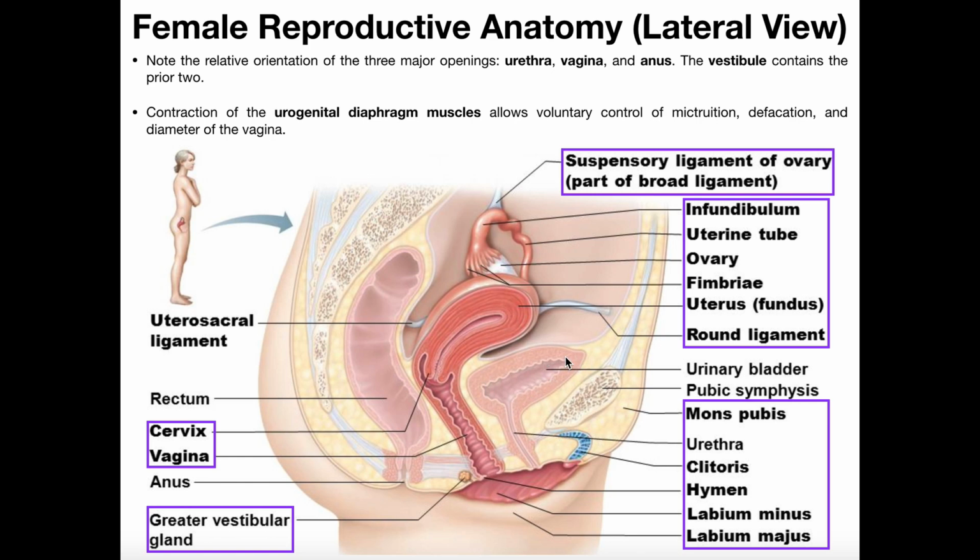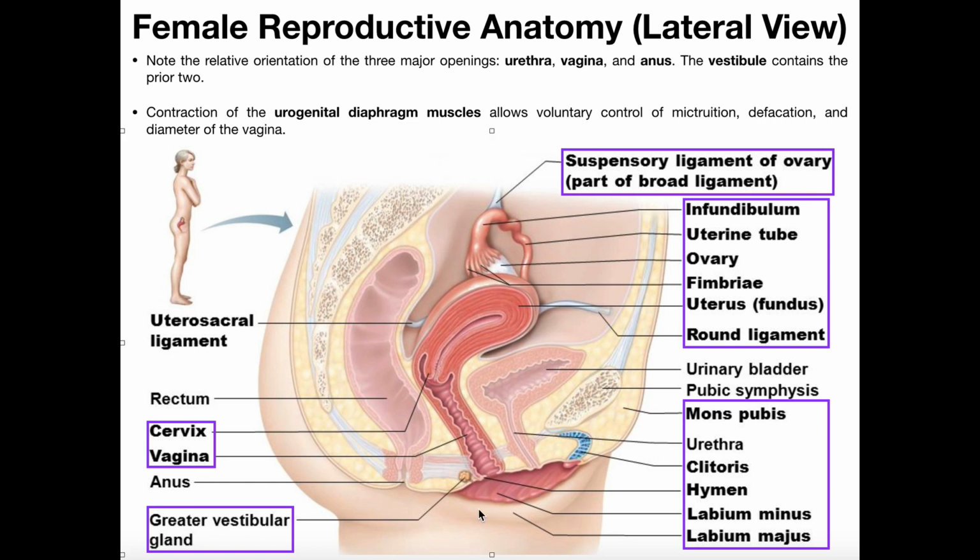And of course, the urinary bladder is going to merge into the urethra, and the urethra is going to exit at the point, the urethral orifice. Now, out of these three openings, the vaginal orifice and the urethral orifice are going to be contained in something called the vestibule. The vestibule we will see in the next slide, and understand that obviously this is a different vestibule than we saw in the special senses in the inner ear.